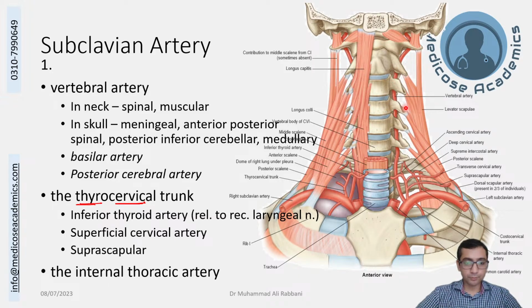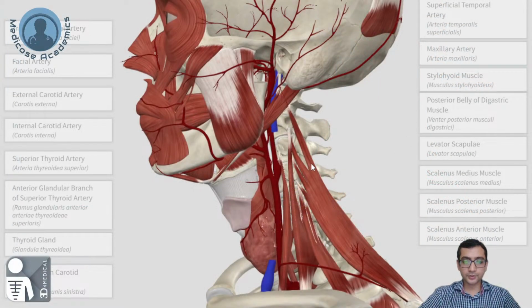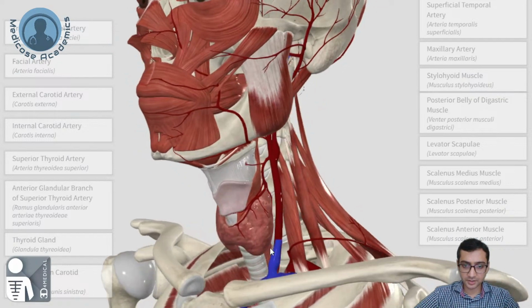Okay, let me move to the 3D model. Let me set it up. So let's try to follow all these structures here.